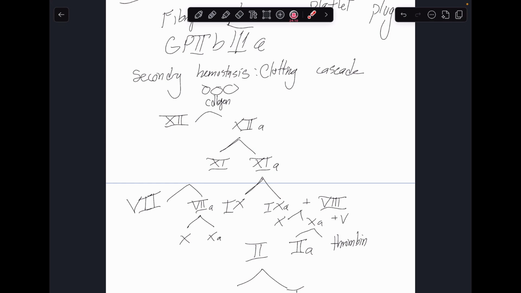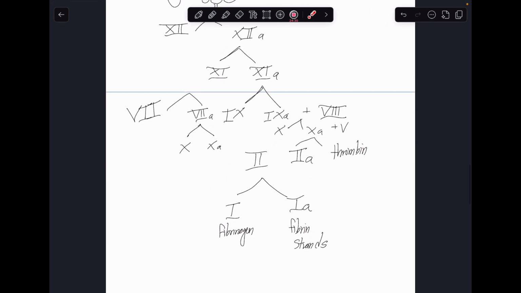So, going further in, our thrombin will convert fibrinogen, factor 1. Cool. If we were talking about breaking down a clot, we have TPA, which we call tissue plasminogen activator.